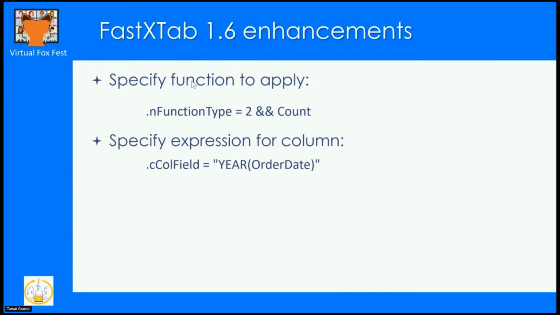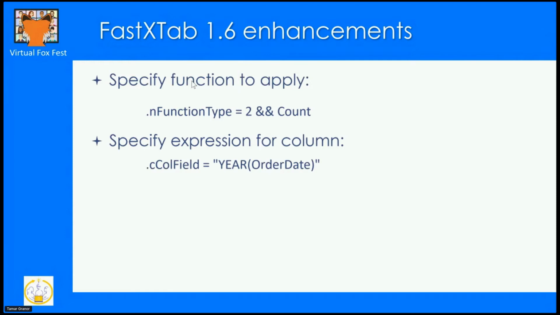Also, as I said, we didn't look at this with VFPXtab or FastXtab 1.0, but you could specify which column from the original data becomes which column of the crosstab. By default, the first data column is the rows, the second data column is the columns, and the third data column is the data that you're going to aggregate.